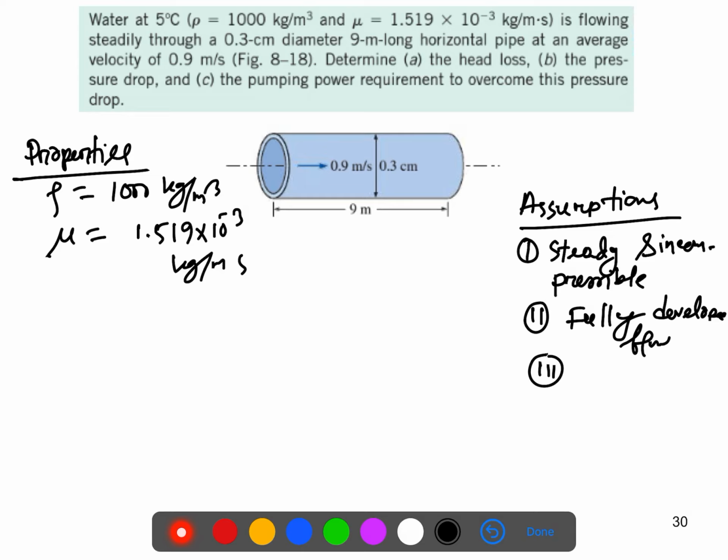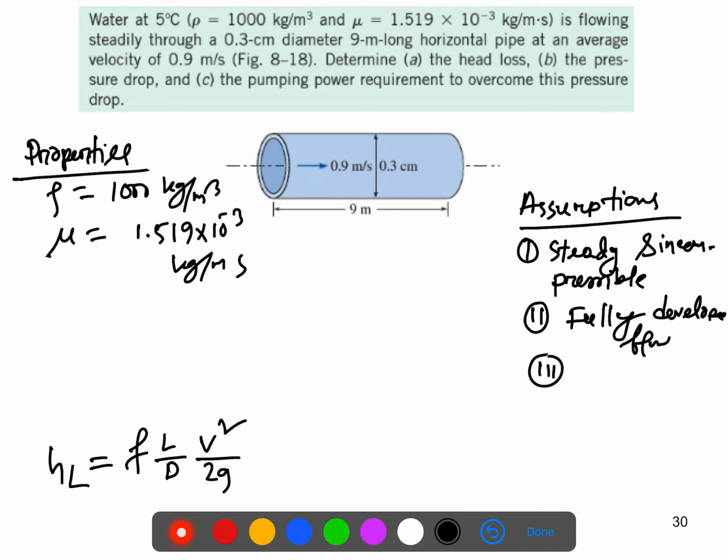We need to calculate, the first thing, the head loss. So we know the head loss formula. Head loss H_L is equal to f L over D times V square over 2g.